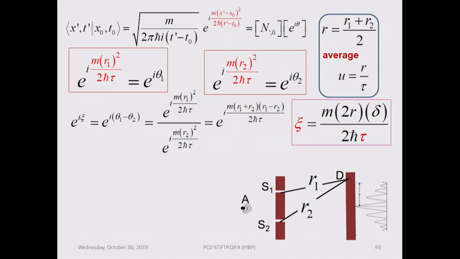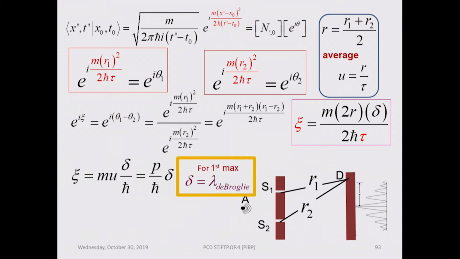Okay? So, delta is the path difference r1 minus r2, and if you now invoke the de Broglie hypothesis that each particle is represented by a wave with wavelength lambda, which is h over p, then you can interpret this.